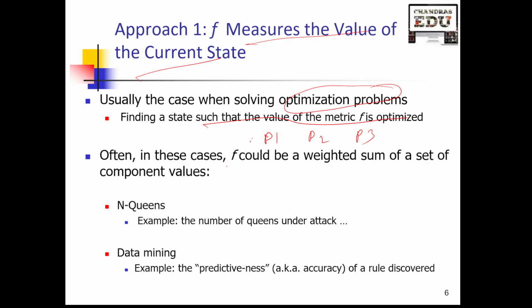Suppose the total weight is 1, then we can give 0.6 to this one, 0.3 to this one, and 0.1 to the last, so the total becomes 1.